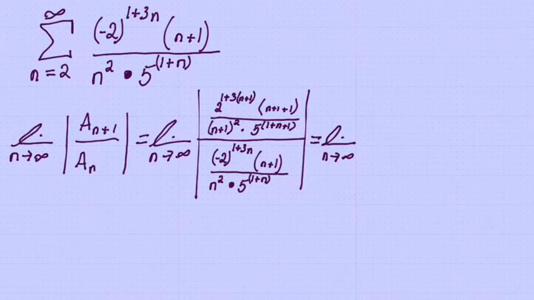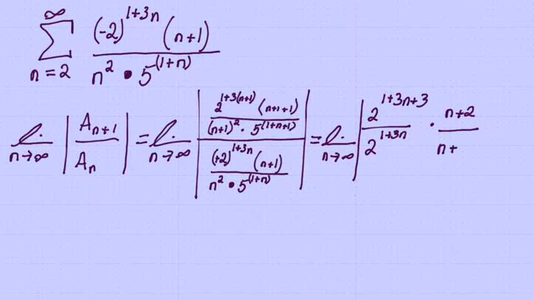So now I'm going to reorganize some stuff. I get 2 to the 1 plus 3n plus 3 over 2 to the 1 plus 3n, times n plus 2 over n plus 1, times n squared over n plus 1 squared.